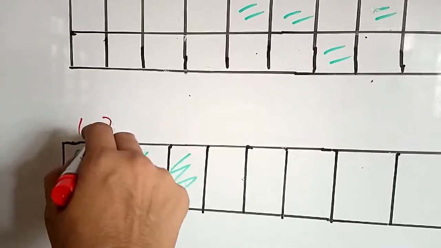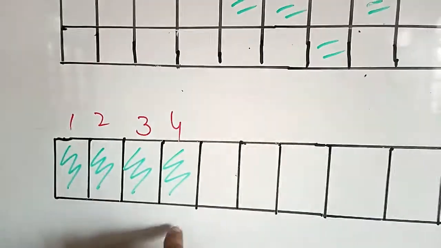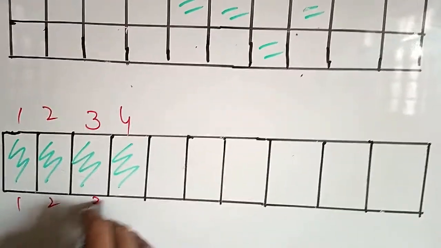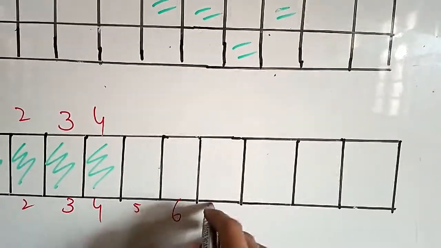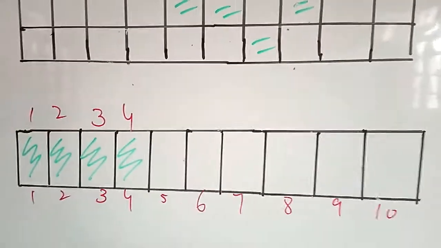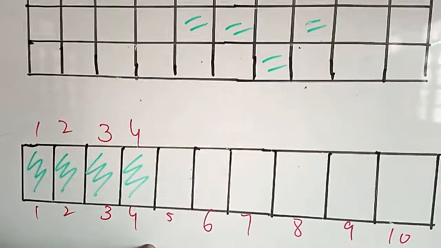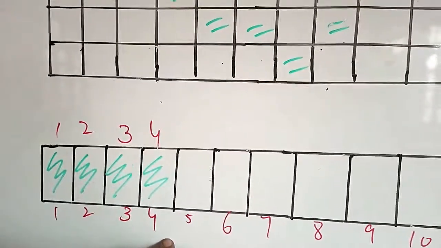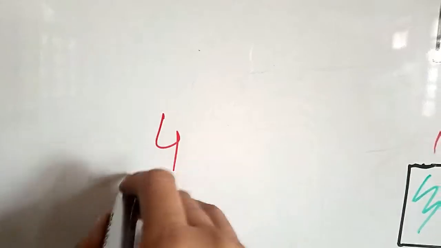Here are 1, 2, 3 and 4. Out of these 10 blocks, 4 are colored. Then to find the percentage, we have to write this in fraction form.